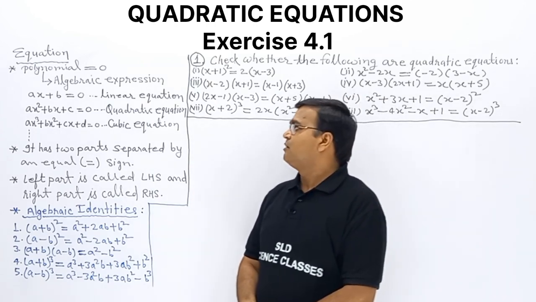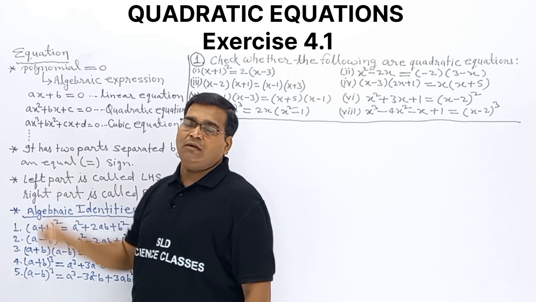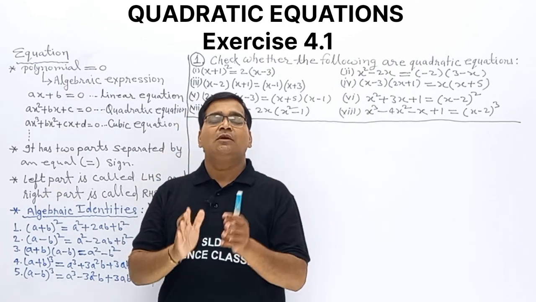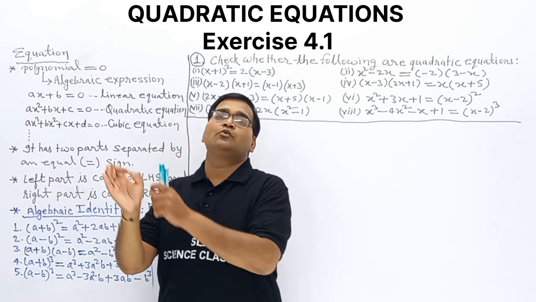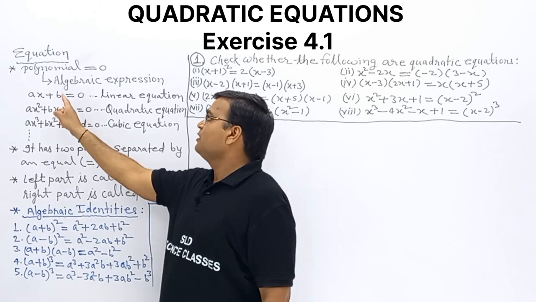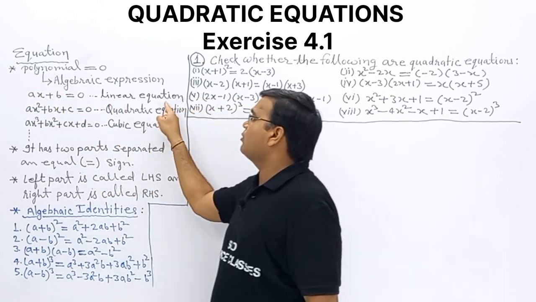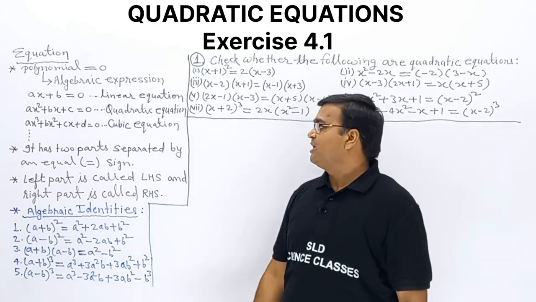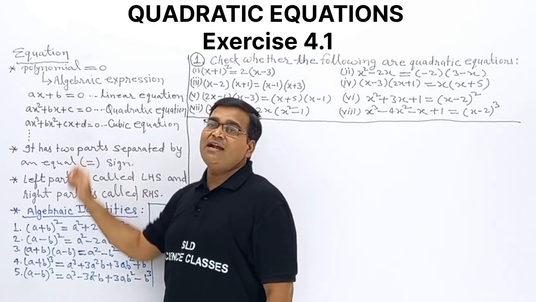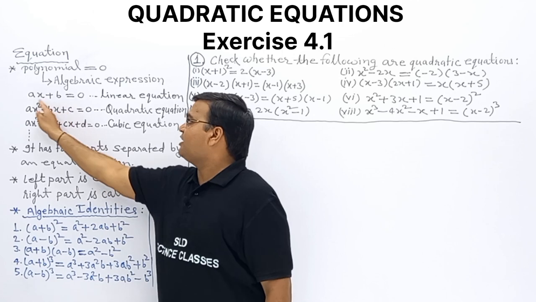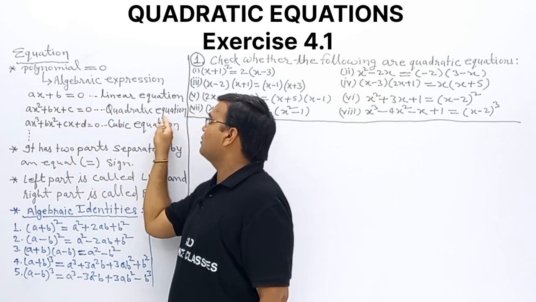Equations are those in which polynomials equal to 0. Now this one is the linear polynomial. If it is equal to 0, then that is called a linear equation. This one is a quadratic polynomial, and a quadratic polynomial equal to 0 is called what?